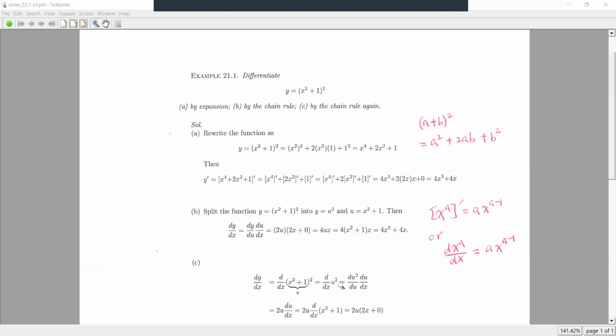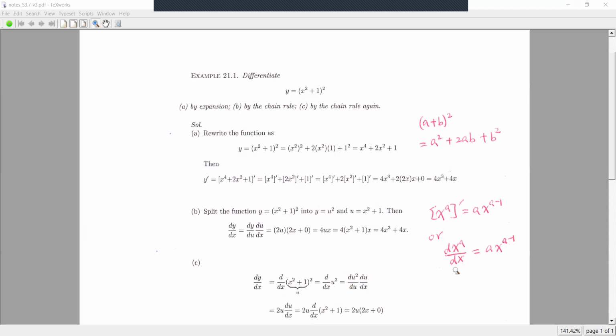u squared is a power function, so I want to use the formula for power functions to compute this derivative. But this formula requires all the variables to be the same variable. In this derivative, u and x are two different variables.